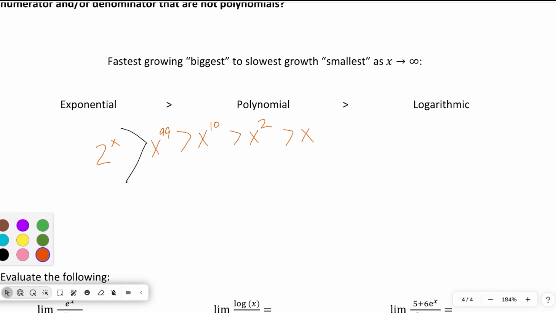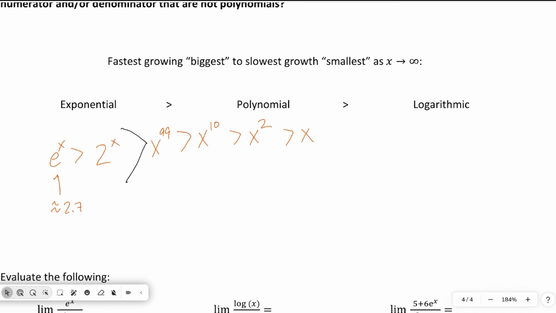But when you're thinking about what's bigger on top versus bigger on bottom, if there's an exponential function, it will always grow faster than any polynomial function in the long term. Now, as far as the exponential goes, the bigger the base, the faster it grows. So you might have something like e to the x, where e is roughly 2.7-ish.